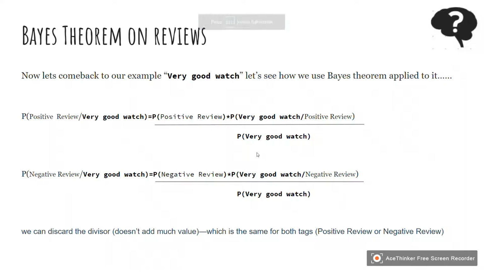Now let's see how Bayes theorem helps us solve the problem that we discussed before. If I give an example like "a very good watch", I want to use Bayes theorem so that it is able to tell us whether it's a positive review or a negative review.